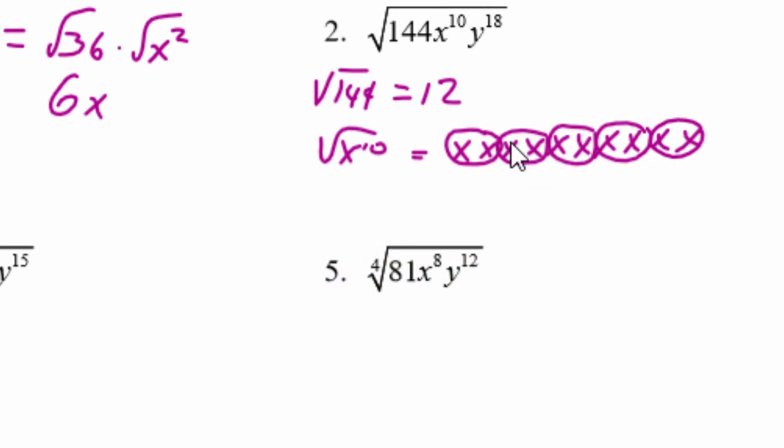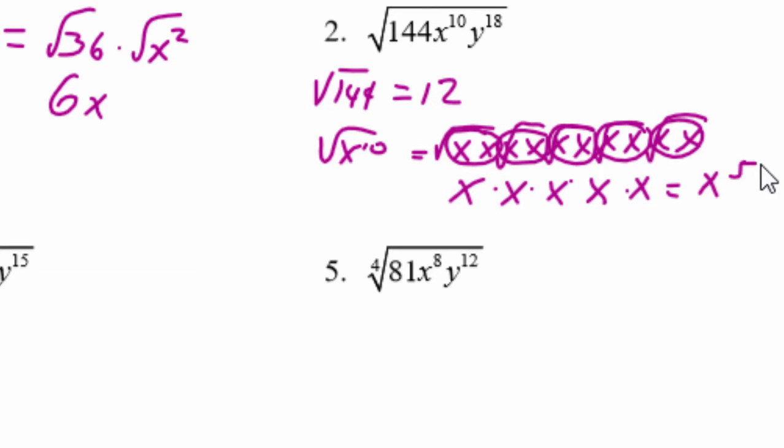So do you see how there's the square root of x to the 10th? The square root of this x squared is 1x. So if we take the square root of all of these, I know this seems weird, but some students have trouble with this concept. If you take the square root of x squared, that's an x. And then you have another x here, and another x here, and another x here. And when you multiply all of these, you know from your product rule, that's x to the 5th.